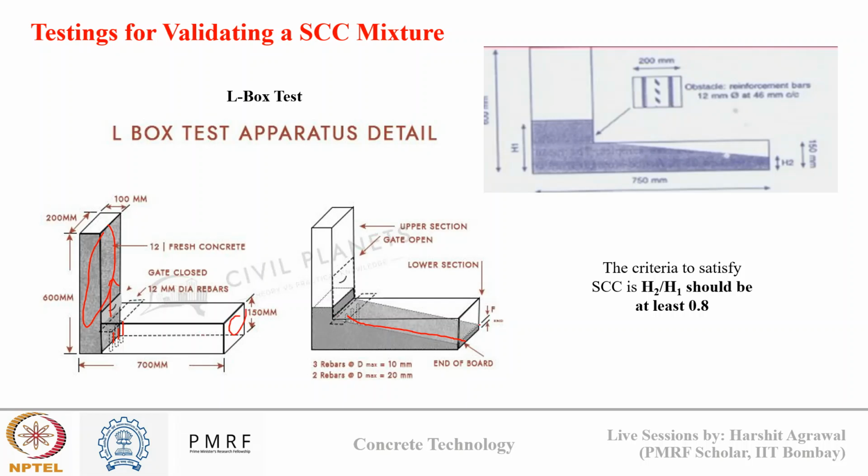On this side I have my h1, the height of concrete here, and here I have h2. Based on the ratio of h2 to h1, we can get an idea of the flowability of concrete. Generally h2 by h1 should be at least 0.8 if we want an SCC.